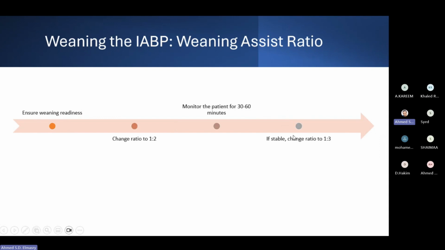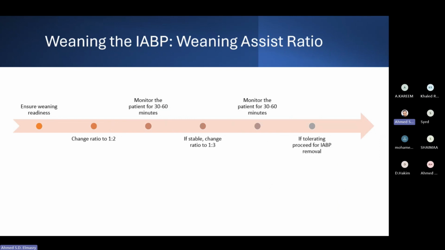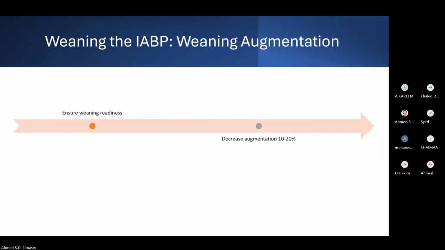Then, if the patient is stable, you can shift to 1:3 ratio. Then you will monitor the patient again for 30 to 60 minutes for any signs of deterioration. If the patient is not deteriorating, you can proceed to intra-aortic balloon removal. This is the most common approach.